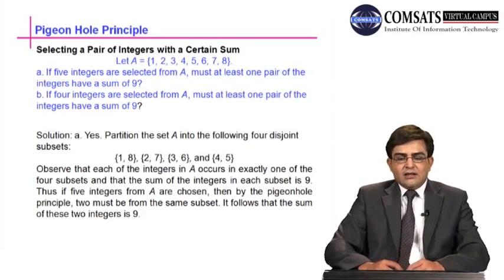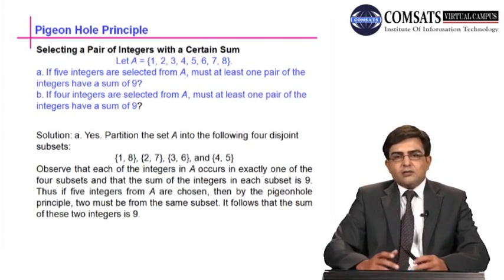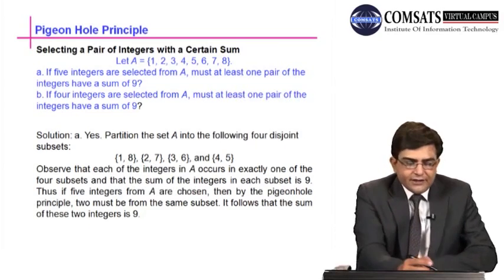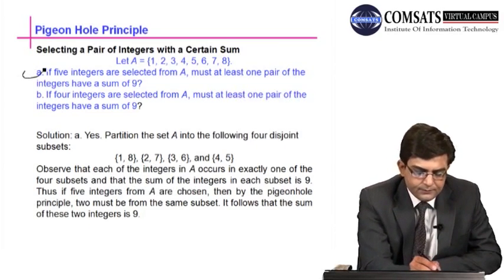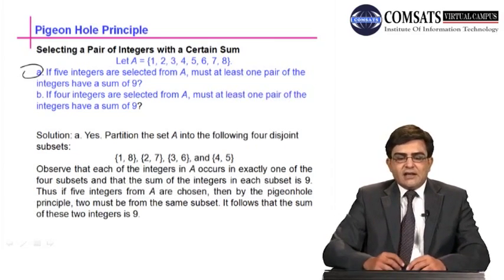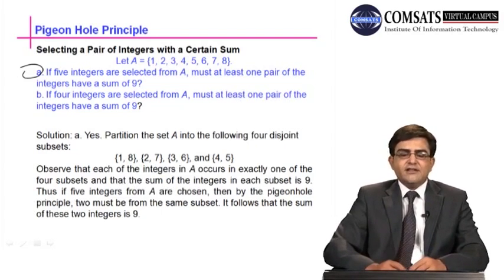Now we consider another example of the pigeonhole principle, selecting a pair of integers with a certain sum. We are given a set A in which we have the integers 1, 2, 3, 4, 5, 6, 7 and 8. In the first part of this example, if 5 integers are selected from A, any 5 integers from this set, must at least one pair of the integers have a sum of 9?